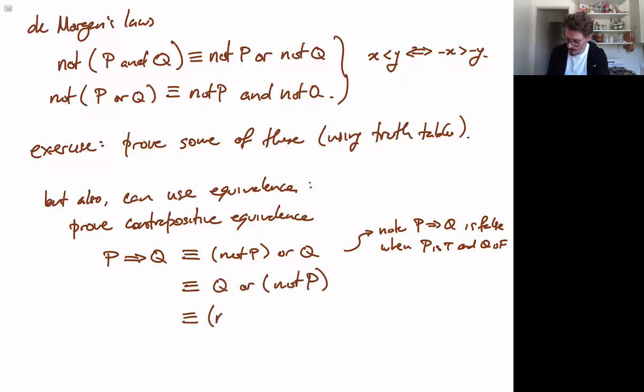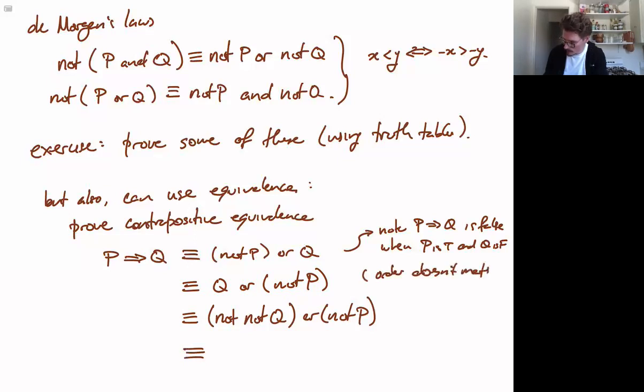So let's change this to not Q or not P. And this last step, you may have to stare at it for a second to see what's going on. Let me write this down. This is order doesn't matter. This is double negation. And this is the first line backwards.